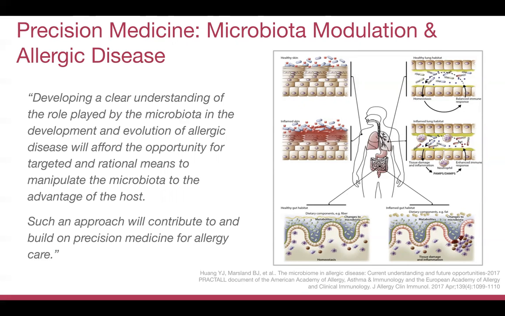In this era of precision medicine, then, scientists and clinicians are increasingly turning their attention to the promise of modulating disease expression by modulating the microbiome. And the quote on this slide is taken from a paper exploring exactly that possibility. Specifically, these authors were postulating about the possible opportunity for modulating the expression of allergic disease, specifically by modulating the microbiota.